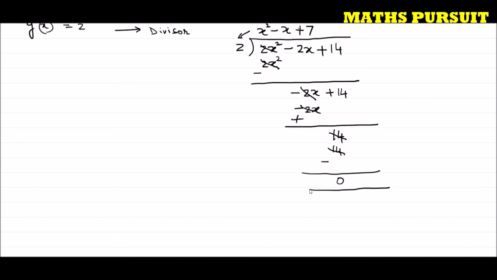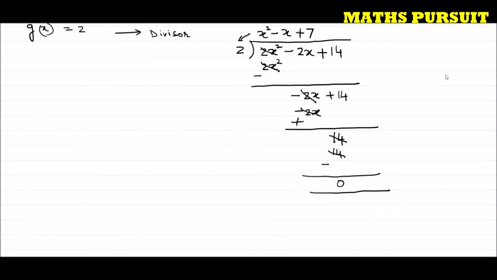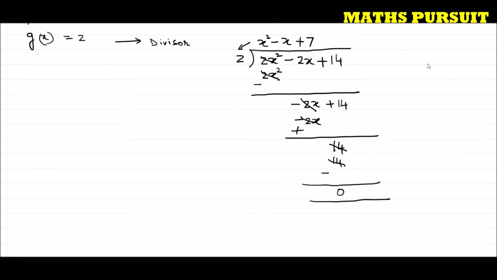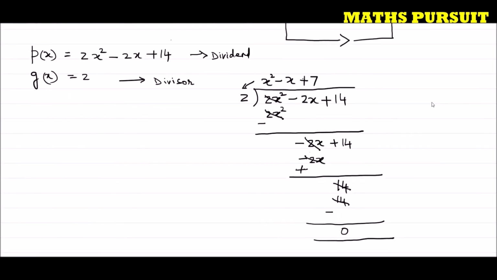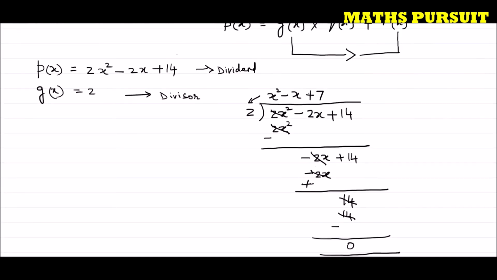Now guys, let us now analyze what we got from this division. So guys, you could see that after dividing px with gx, we got qx equal to x to the power 2 minus x plus 7.